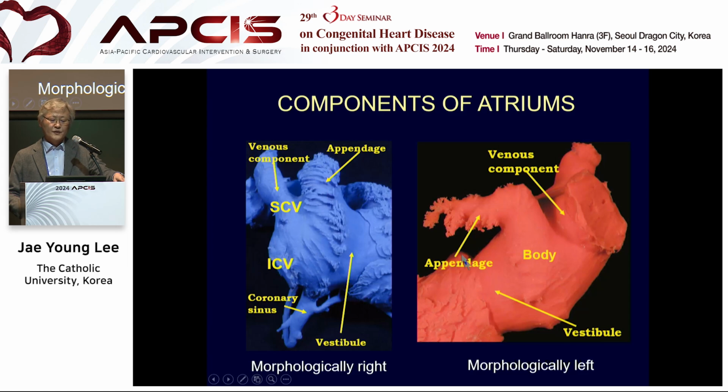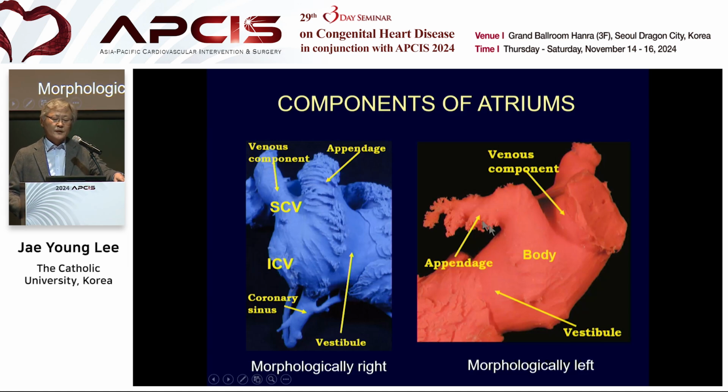But among these components, the most constant anatomic features are the appendage and the extent of the pectinate muscle. In this case, the appendage has a relatively broad base, and the pectinate muscle extends all around the vestibule. This is the right atrium.